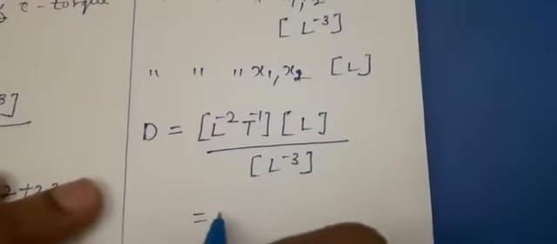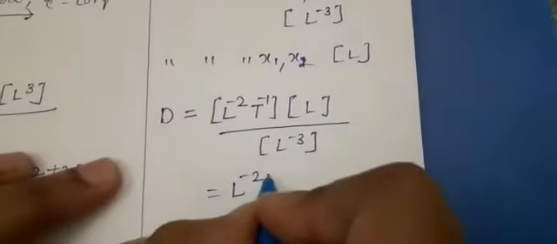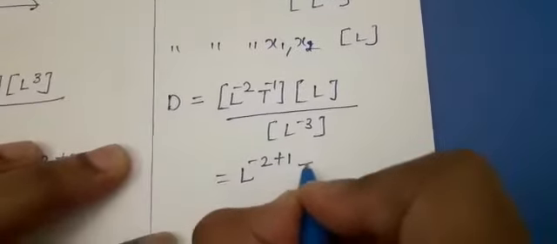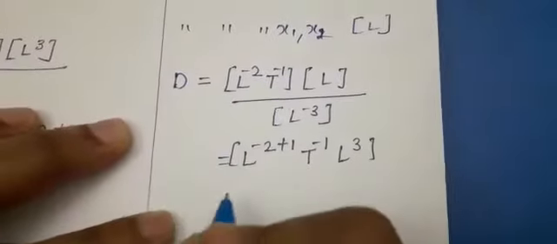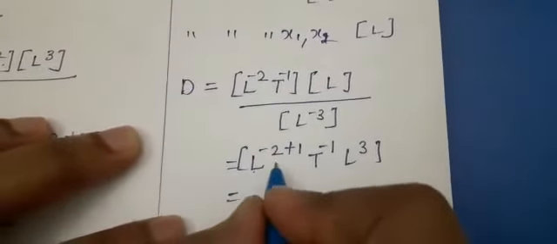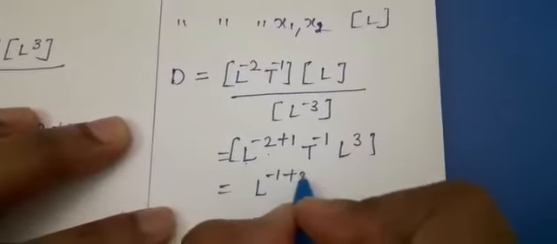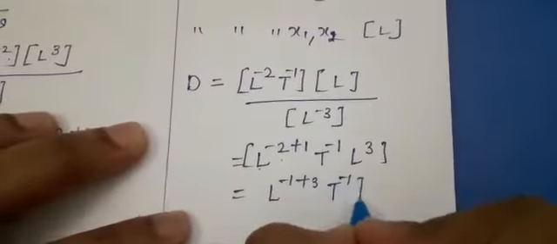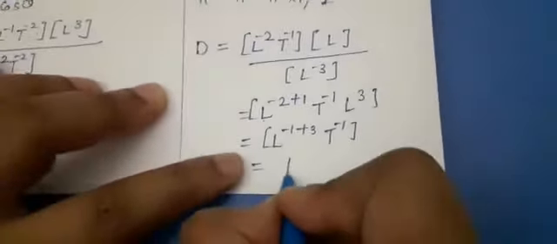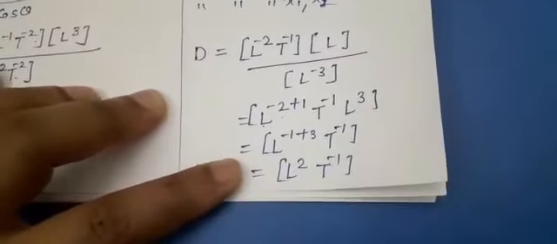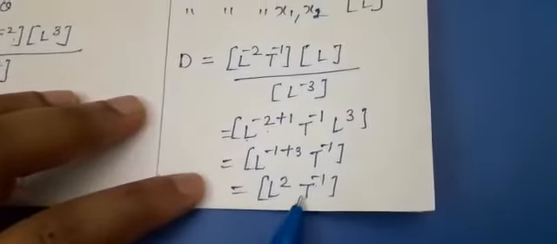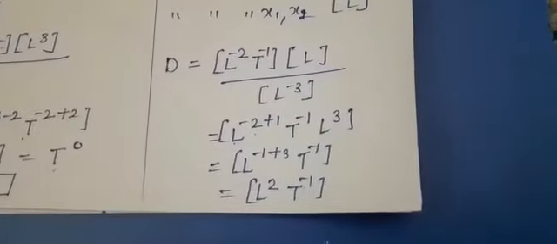So now solve it. Numerator, L raised to the power minus 2 plus 1, T raised to the power minus 1, L raised to the power 3 I have taken in the numerator. So it will be L raised to the power minus 1 plus 3, T raised to the power minus 1. Yes, L raised to the power 2, T raised to the power minus 1. So this is the dimension formula of diffusion constant.